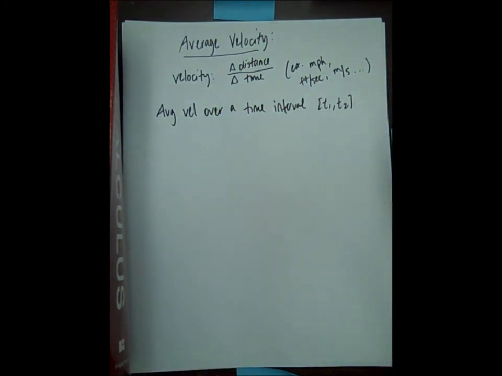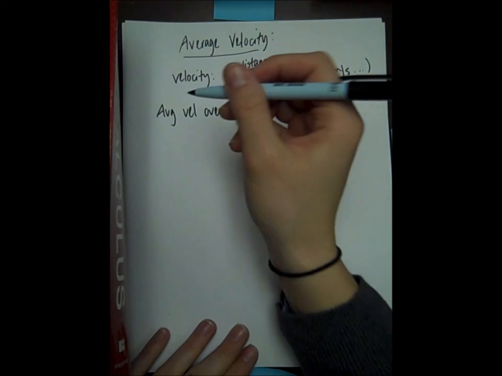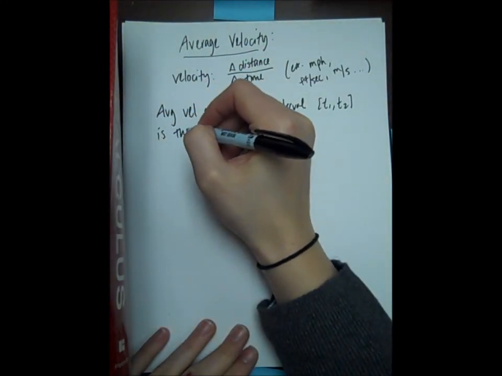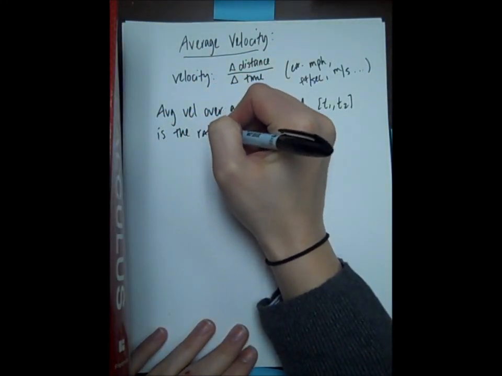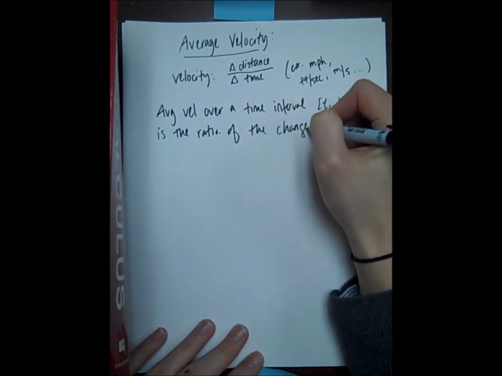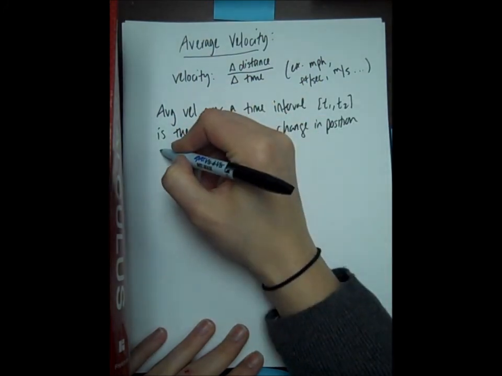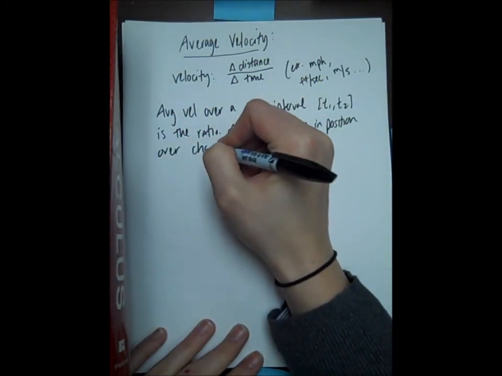So this might be something like from the first second to the third second, so 1 to 3. The average velocity over a time interval T1 to T2 is the ratio of the change in position over the change in time.